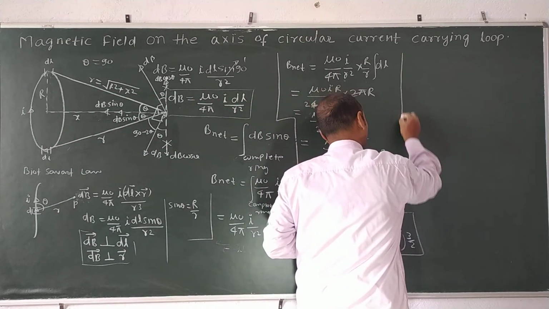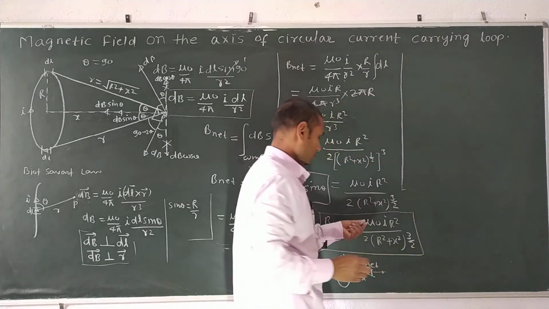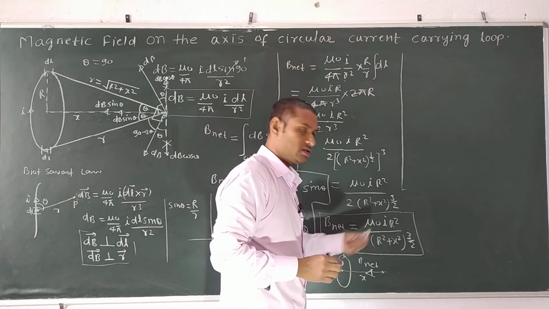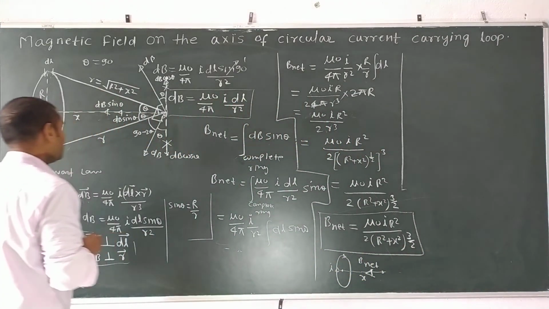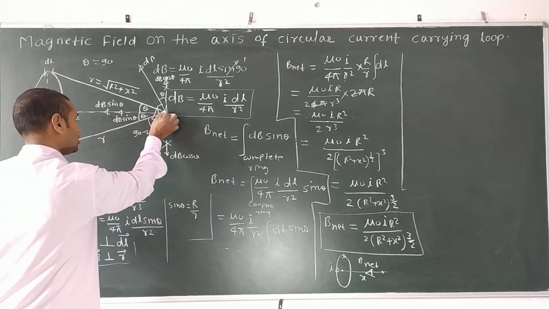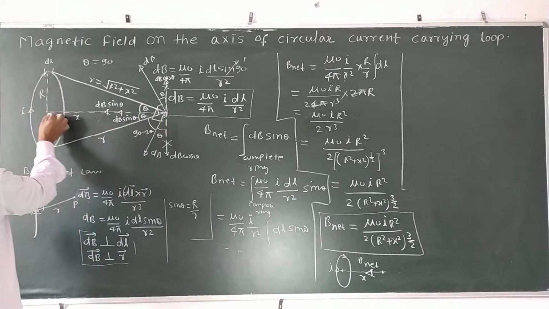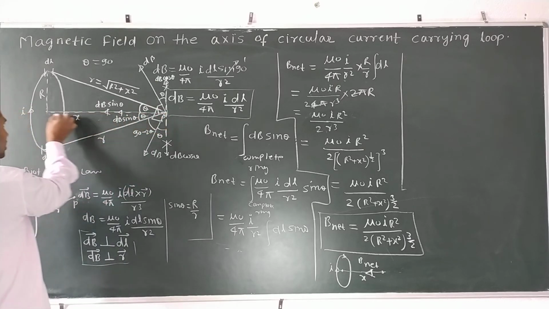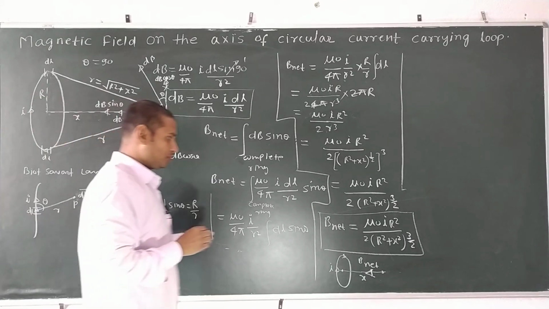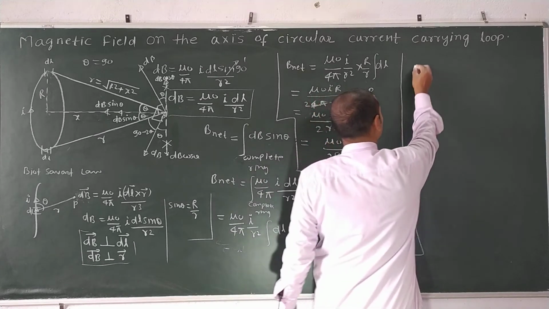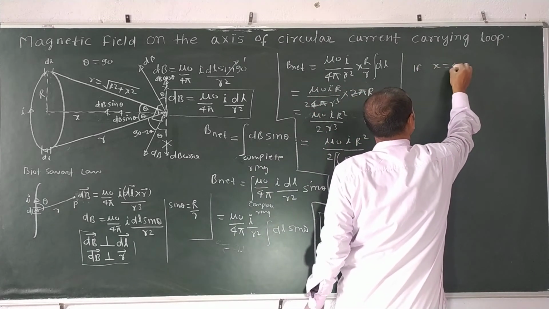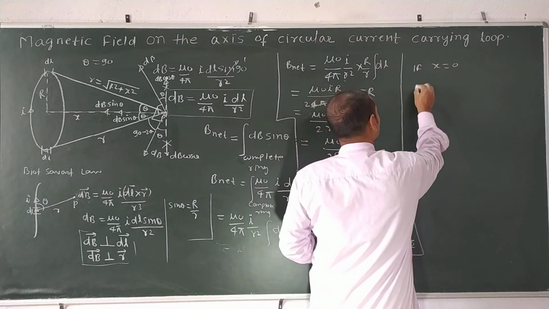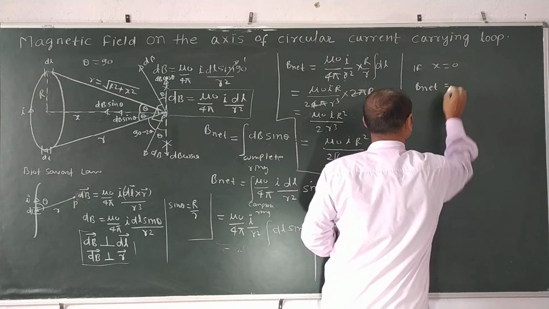If you find out if x is equal to 0, it means this point P goes to the center. So if you put x equal to 0, then how much does B net become?